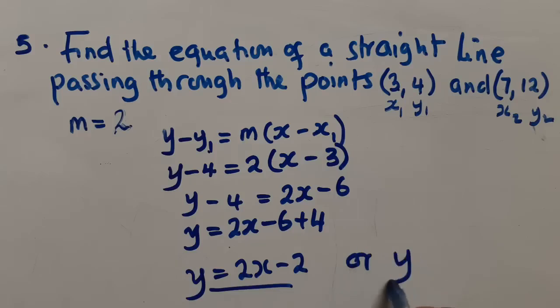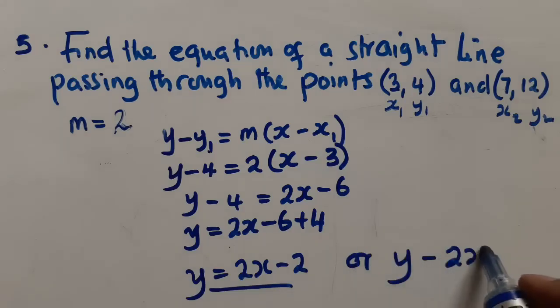Sometimes they would write it as y minus 2x is equals to -2. You still have the same answer. All right. Please take note of some errors that I may commit when working out these things. These are suggested answers. I am prone to errors. Thank you. Let's go to question 6.